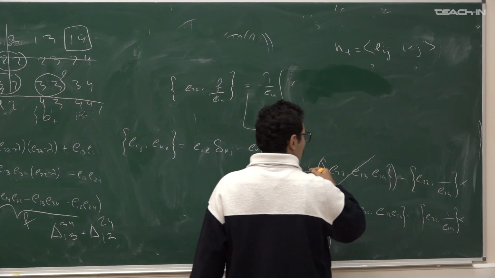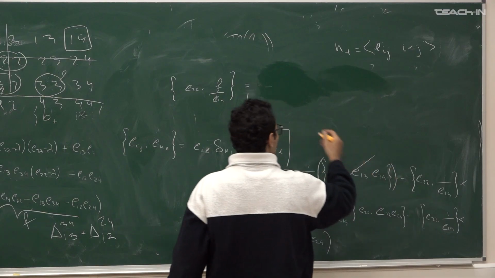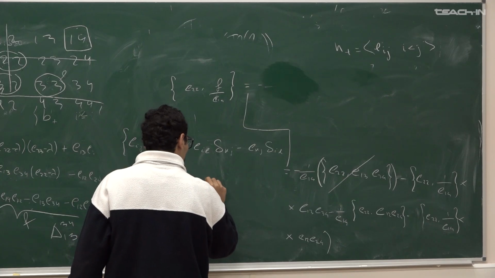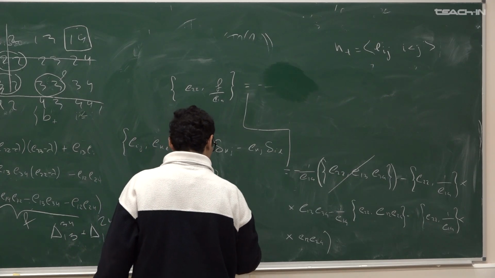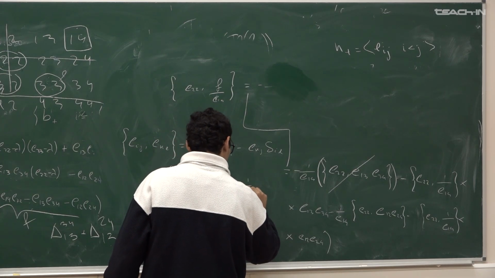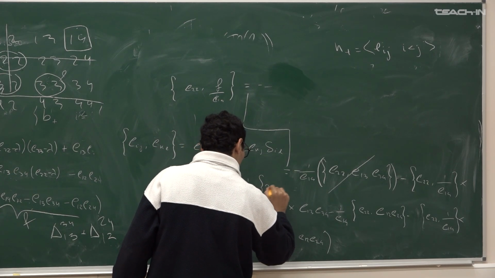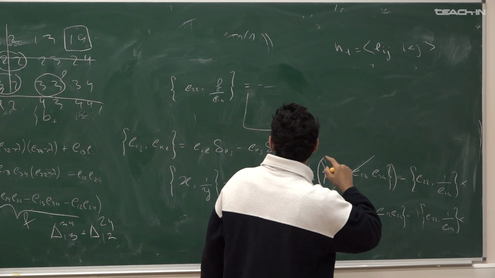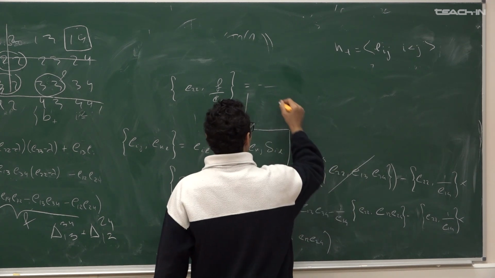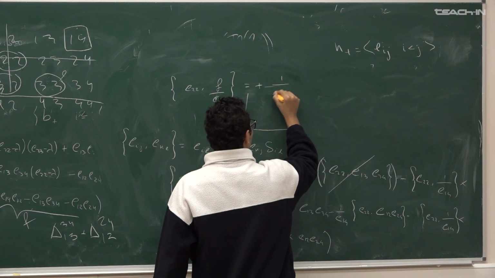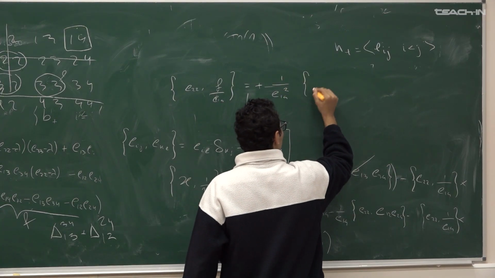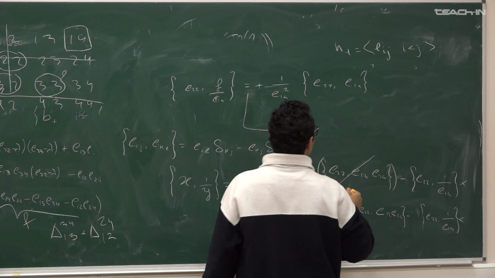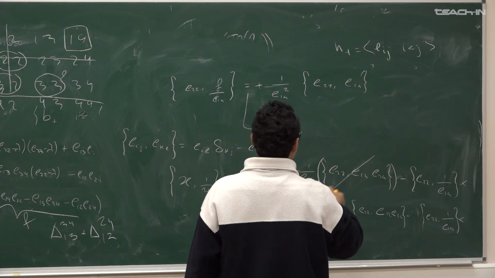For this, we use instead the fact that if we consider some bracket of this 4, this will be minus square of this. Very good. And so in this case, we will have plus square E14. And again here cancels.